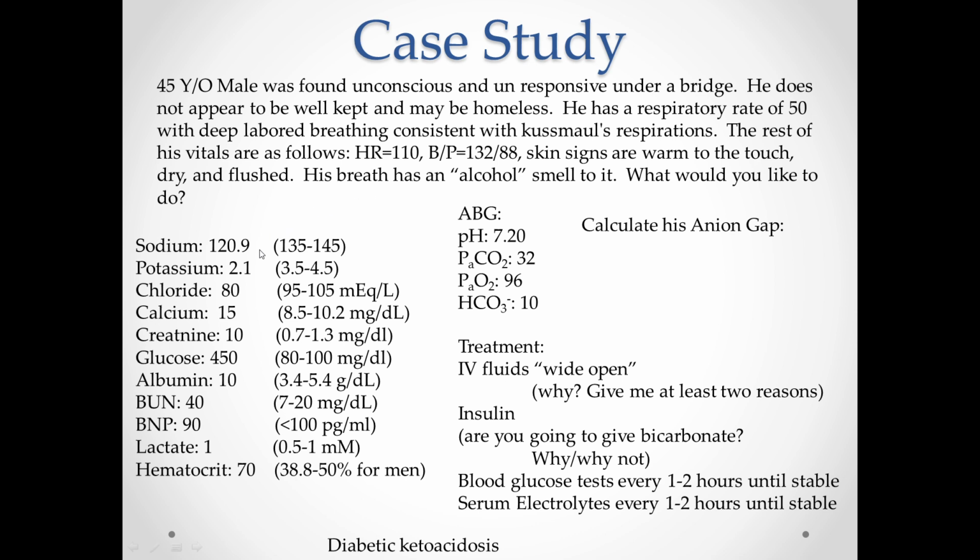In a hospital, blood tests reveal that sodium is low, potassium is low, chloride is low, calcium is high, creatinine is high, glucose is very high, albumin is high, BUN is elevated, BMP is normal, he has a lactate of 1 and a hematocrit of 70.